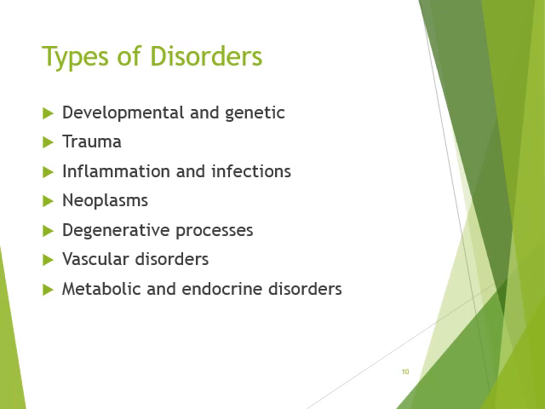Trauma. Central nervous system injuries resulting from trauma can be life-threatening and severely disabling. Physical trauma to the nervous system may follow accidents, injury, violent crime, or chemical injury. And that includes drugs, alcohol, and other harmful substances.